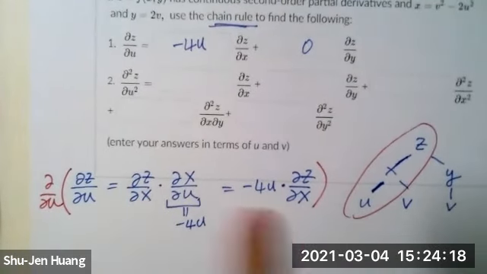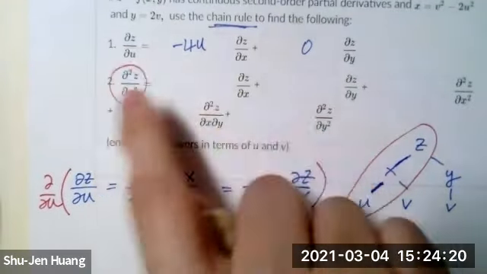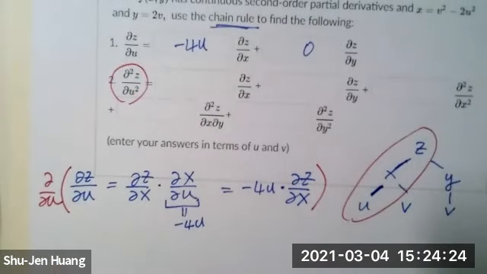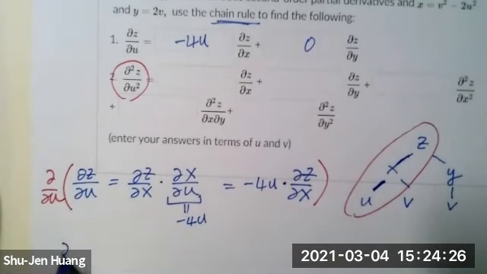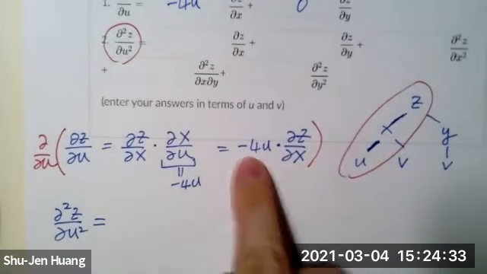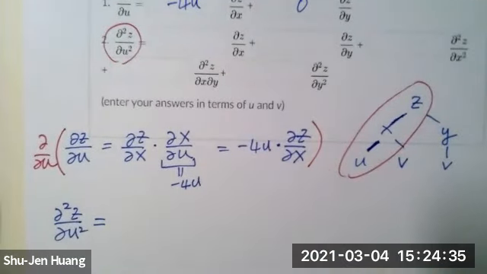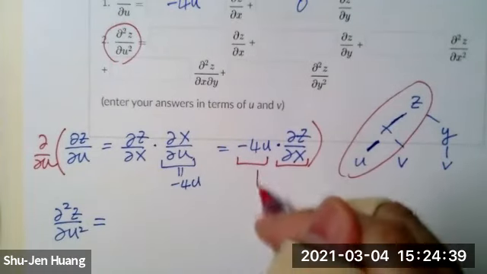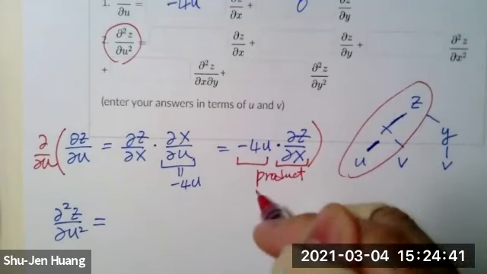In order to get the second partial derivative with respect to u here, we're going to take the derivative with respect to u one more time. On the left-hand side, you'll have the second partial derivative with respect to u. On the right-hand side, you can see it's the product of two functions, so we need to use the product rule here.